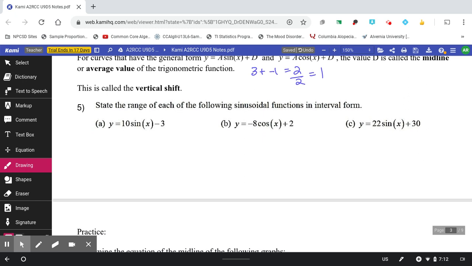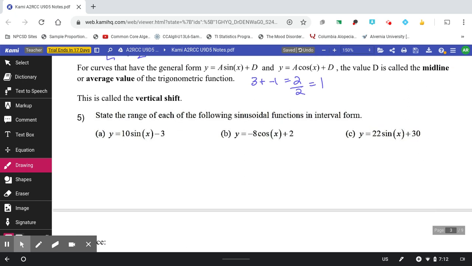All right, so let's take a look. That vertical shift. So here we're starting at -3. That's the midline. So the midline is y equals -3. Then from -3, we're going up and down 10. So if we're looking for the range, we're starting at -3 and going up and down 10. So -3 plus 10 is 7. -3 minus 10 is -13.